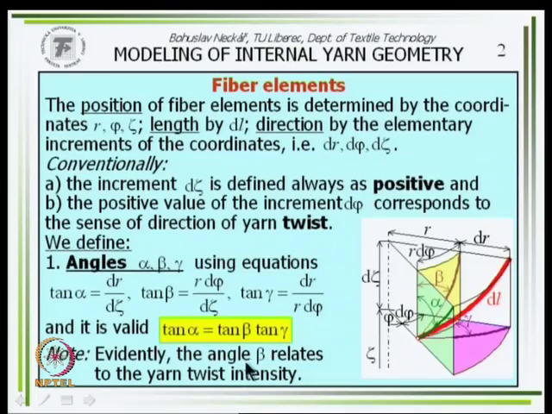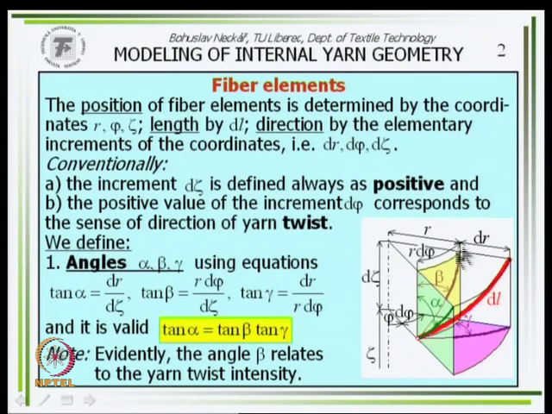Well, let's think a little about one fiber element inside the yarn. This is the yarn axis, and this red part is a general fiber element. The distances here are from r to r plus dr. This angle is d phi, so this length is r times d phi, and the height is d zeta.